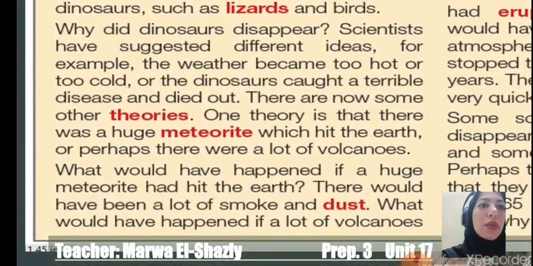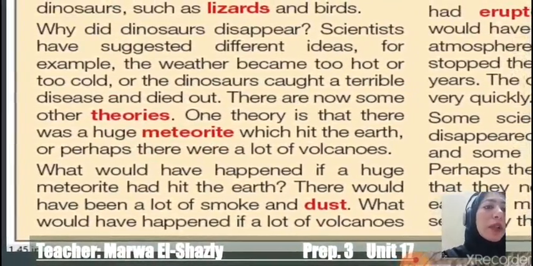Why did dinosaurs disappear? Scientists have suggested different ideas. For example, the weather became too hot or too cold, or the dinosaurs caught a terrible disease and died out. There are now some other theories. One theory is that there was a huge meteorite which hit the earth, or perhaps there were a lot of volcanoes.